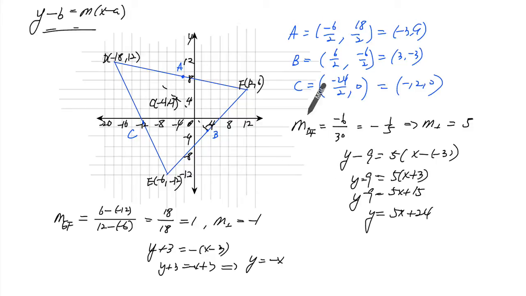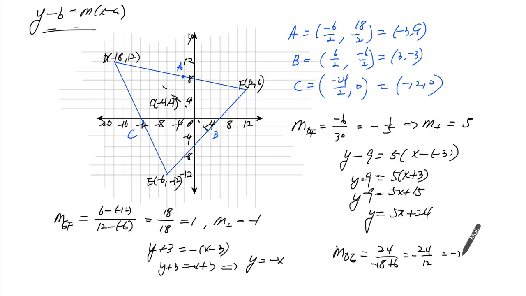Okay, lastly, we need to find the slope of DE. So the delta y is going to be 12 subtract negative 12, which is 24, and the delta x is minus 18 plus 6, which gives you minus 12.